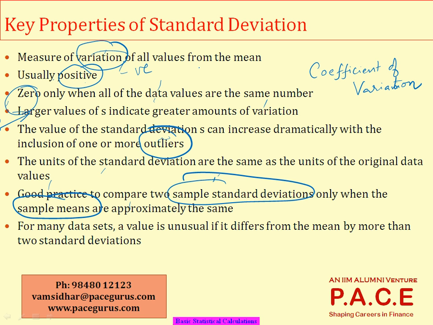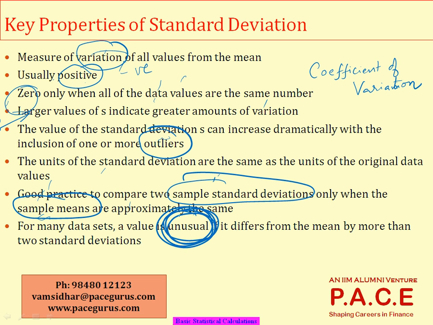And for most data sets, we say a particular value is unusual or an outlier if it differs from the mean by more than 2 standard deviations, either on the higher side or on the lower side.